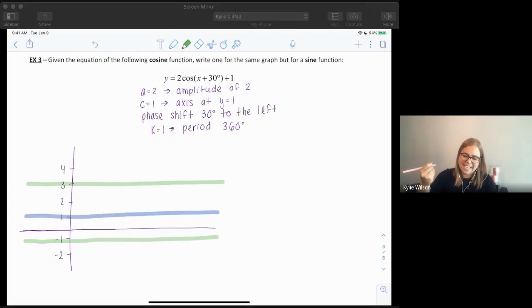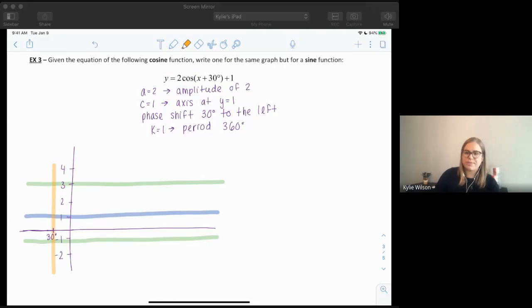And then I have that we have a phase shift 30 degrees to the left. So for my cosine, I'm going to start 30 degrees to the left. So we're just going to put 30 degrees here. And then I know that my period is 360 degrees.